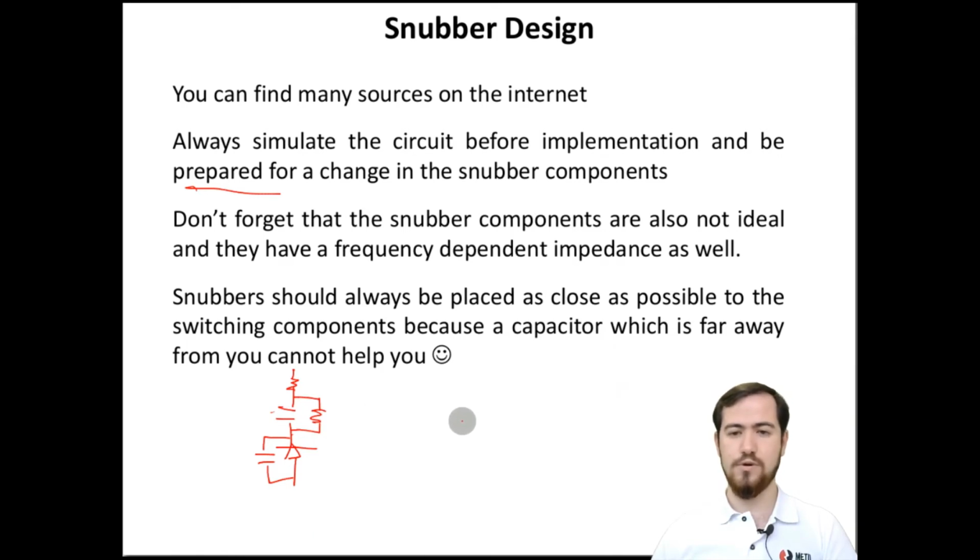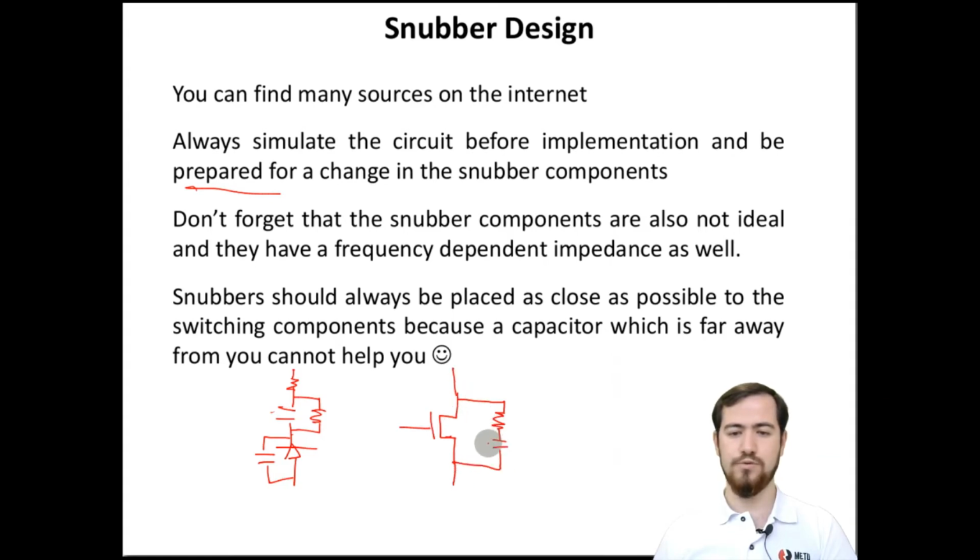And you need to connect the snubber components as close as possible to your switching circuit. So let's say we have a MOSFET like this one, and we are using an RC snubber. Okay, we have an R and a capacitor across the drain and source pins.